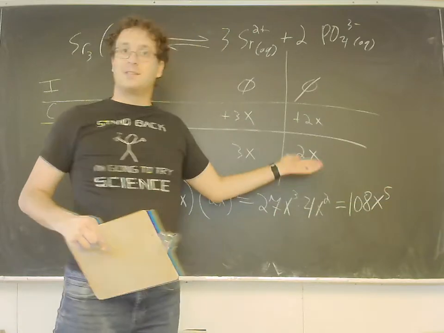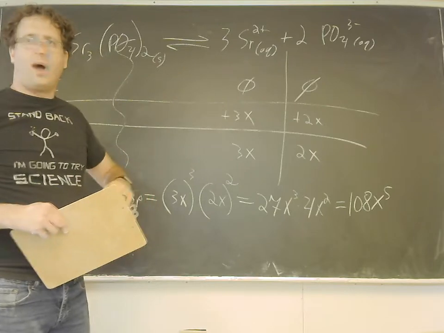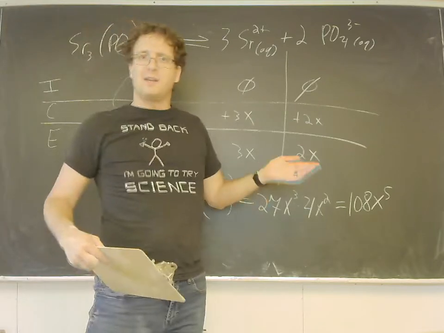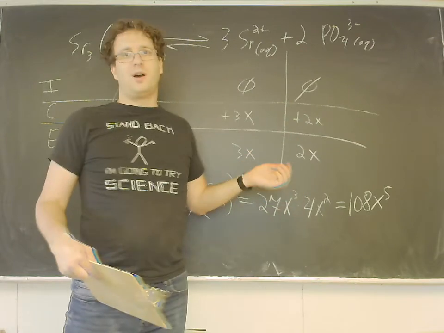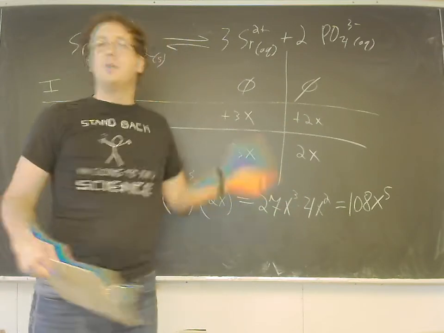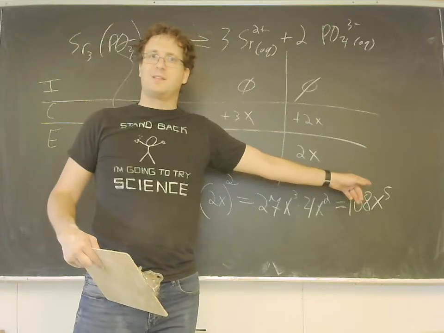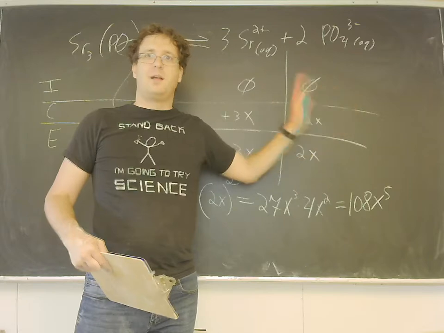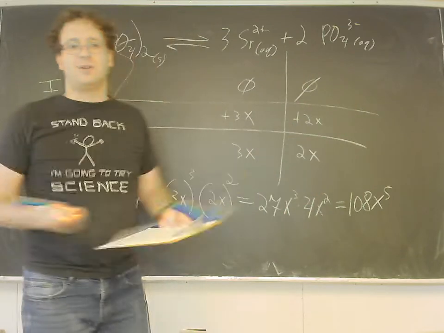X is the molar solubility. And this is one ice table where we don't have to make any simplifications. We don't have to use the quadratic formula. We don't need to assume that x is small. X to the 5th would mess things up royally if we had other powers of x. But with just the x to the 5th, we can solve this.